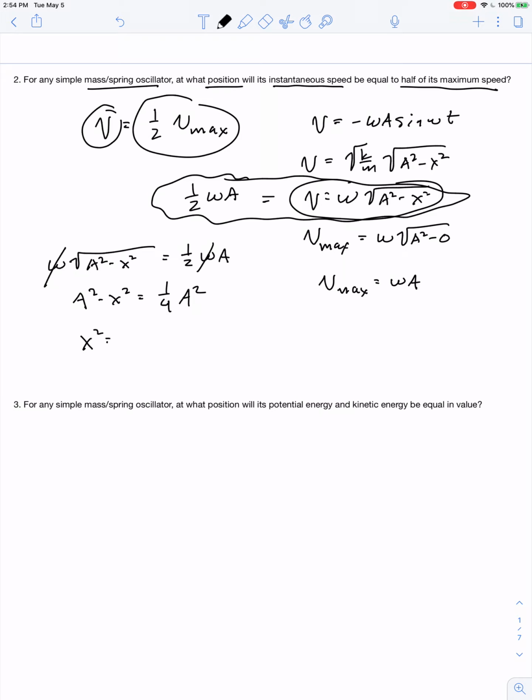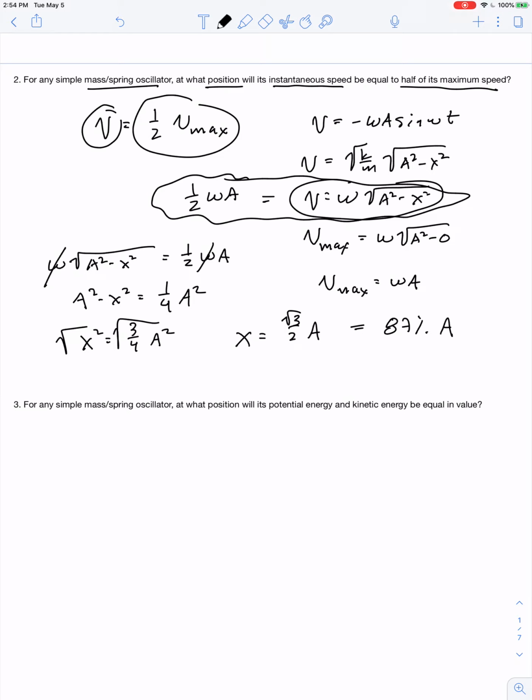This means x squared is equal to 3/4 of A squared. So we take the square root of both sides and find that x is equal to root 3 over 2 times A, which is roughly 87% of the amplitude.